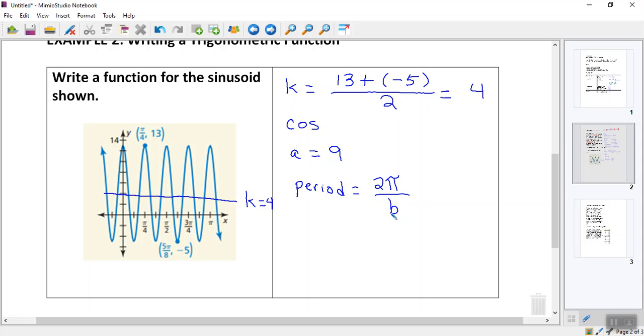So this would mean the period, pi over 4, has to equal 2 pi over b, doesn't it? Let's talk about this. I could cross multiply here, so wouldn't b times pi be one cross product?